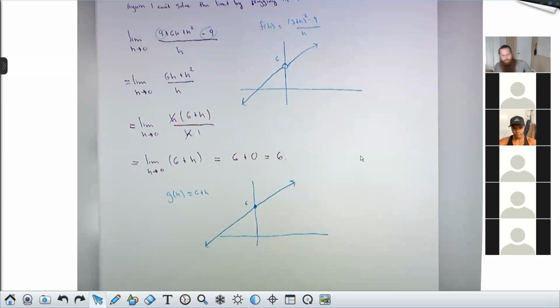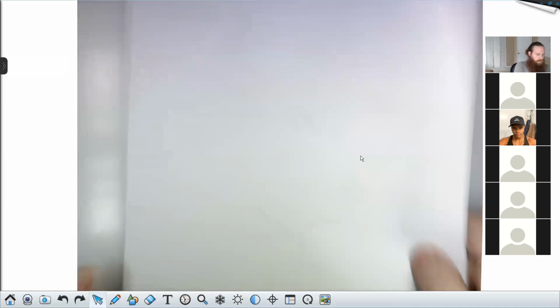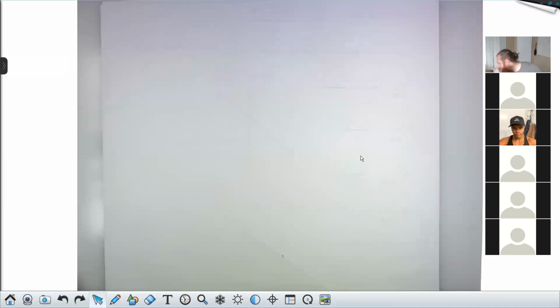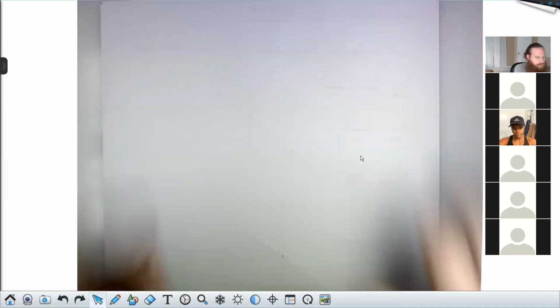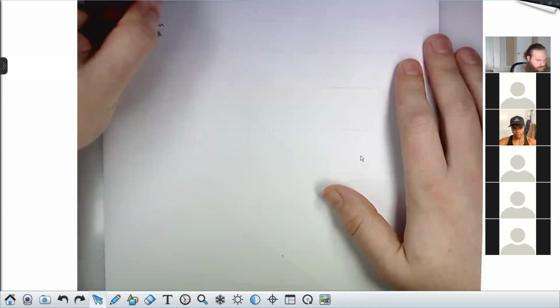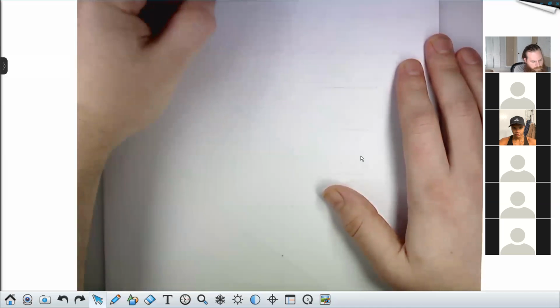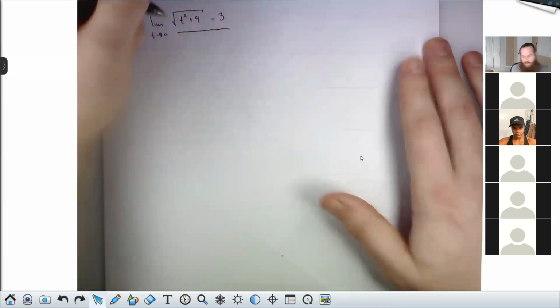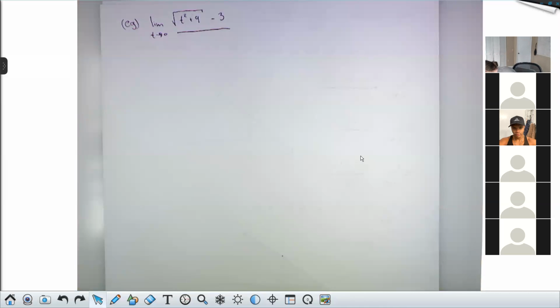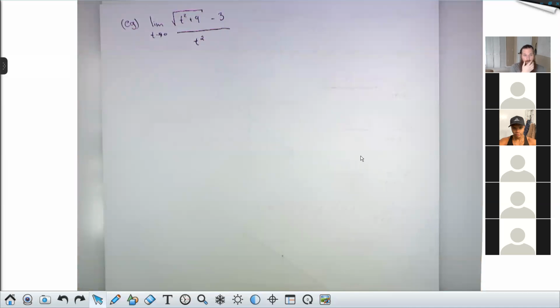Let's do this one. I want to take the limit as t goes to 0 in this function.